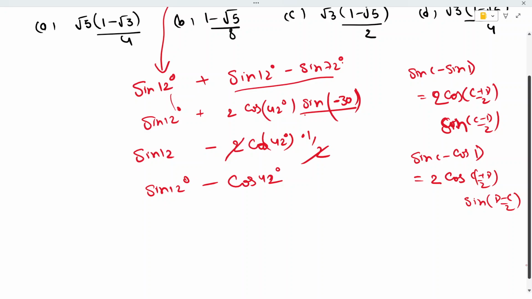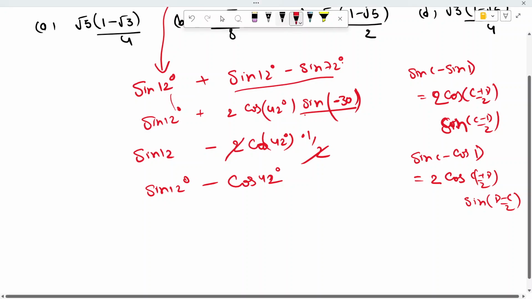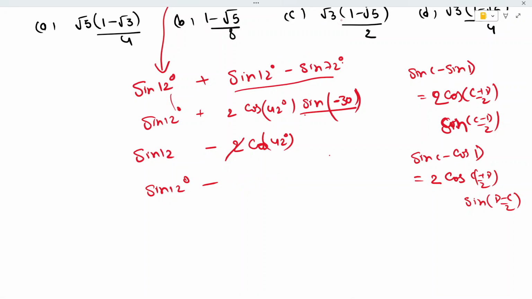From here what we conclude, wait, something is wrong. Wait a minute. From here we get this is 1/2, so it cancels out.